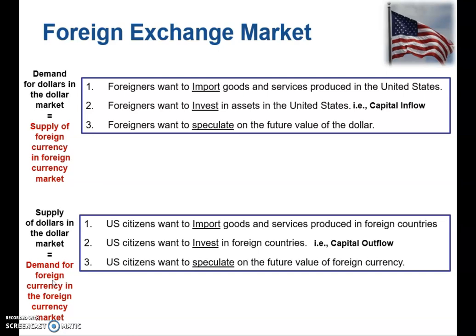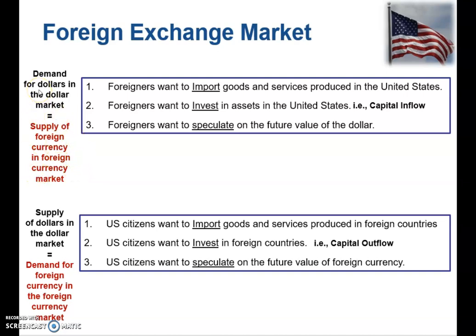We've got that. But what we didn't talk about is the reasons for demand for dollars and supply of foreign currency, supply of dollars and demand for foreign currency. And it comes down to really three major reasons. Why is there a demand for dollars in the dollar market and a supply of the foreign currency? Why do Mexicans supply pesos to demand dollars?